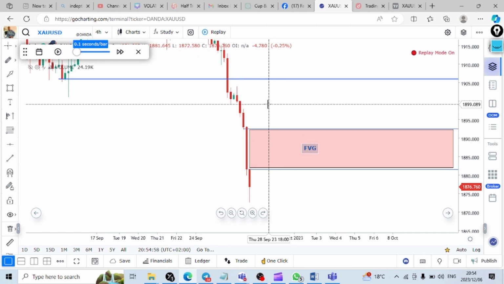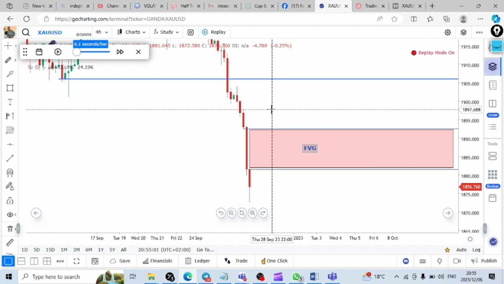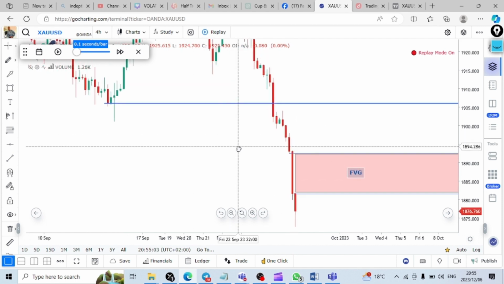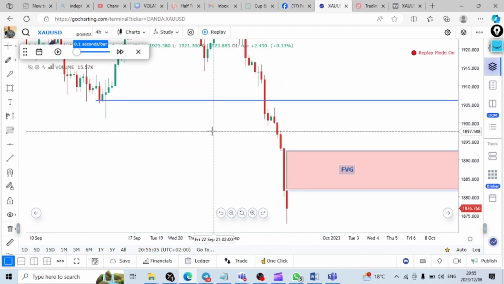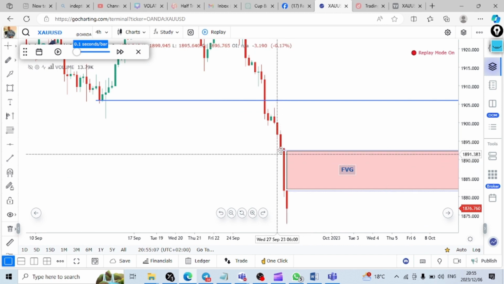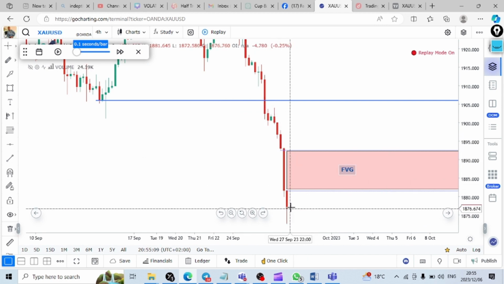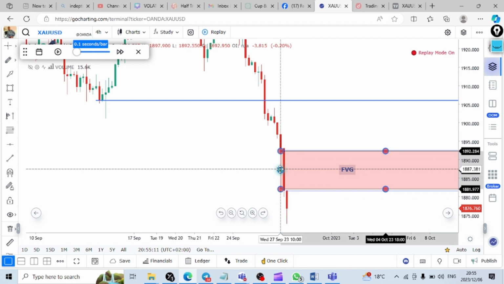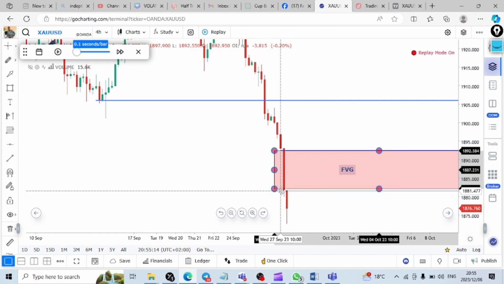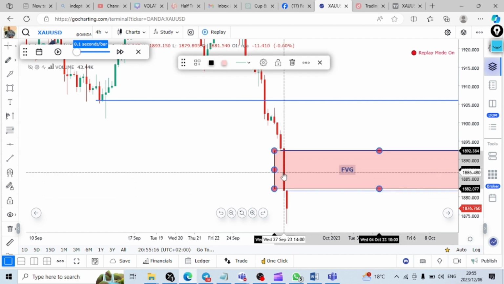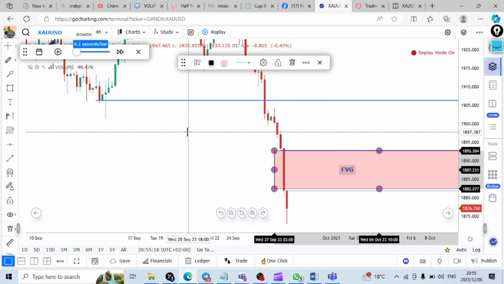So in a healthy price action, regardless of the color of the candle, ignore the color of the candle. They can be green, they can be white. But in a healthy price action, if the price is balanced, these three candles must be connected together.